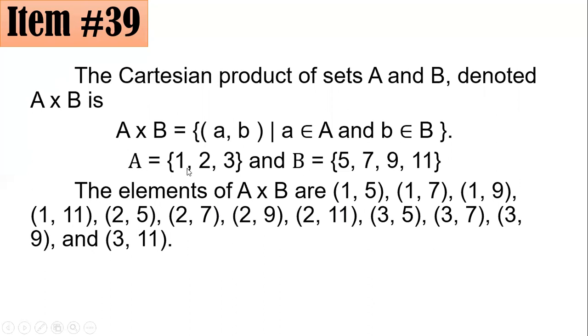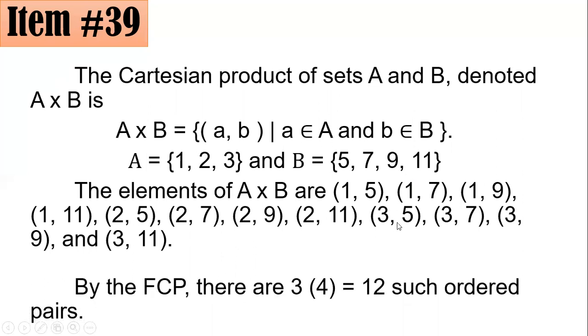Next, we have exhausted everything for 1. We have 2. We will map 2 with every element in B to produce ordered pairs: (2, 5), (2, 7), (2, 9), and (2, 11). And lastly, we have to produce ordered pairs whose first element is 3: (3, 5), (3, 7), (3, 9), (3, 11).